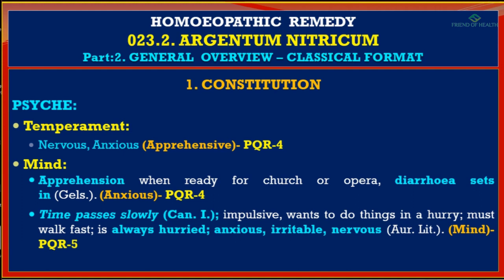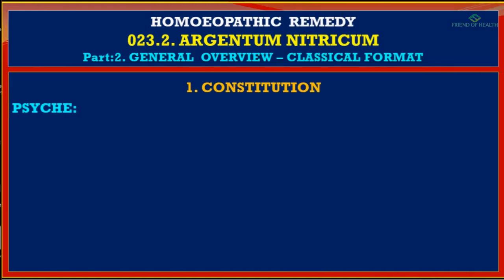Impulsive, wants to do things in a hurry, must walk fast, is always hurried, anxious, irritable, nervous. This is under mental generals. You will find dreams, which are not given in Allen's Keynote, and you will find snakes given under Kent repertory, 2+ symptom.